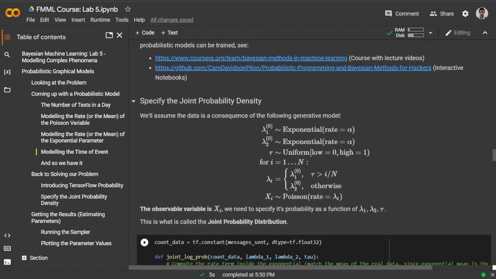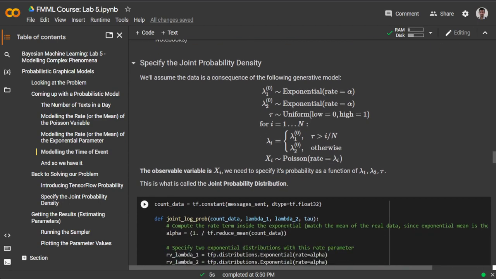So here we start by defining our parameters exactly the same way that we have. We define some alpha and sample lambda 1 and lambda 2 from an exponential with alpha, and tau with a uniform probability distribution. Then for every single day we sample from lambda 1 and lambda 2, and from that we get lambda i, which is dependent on tau.